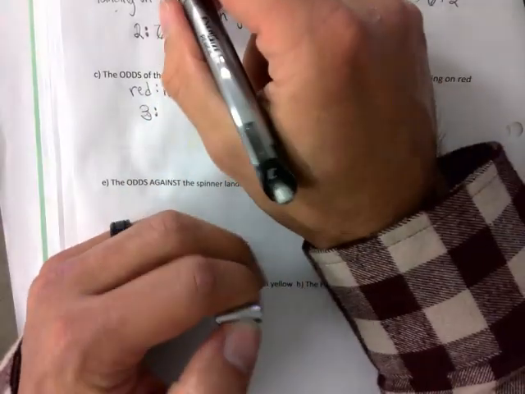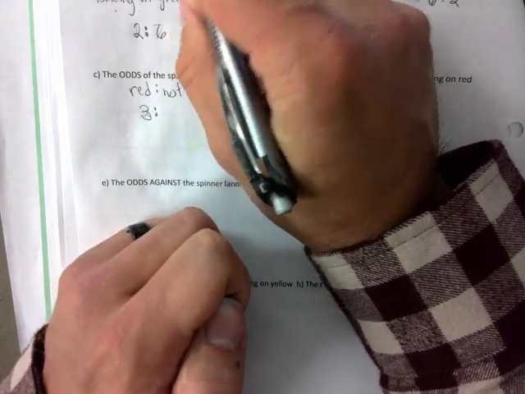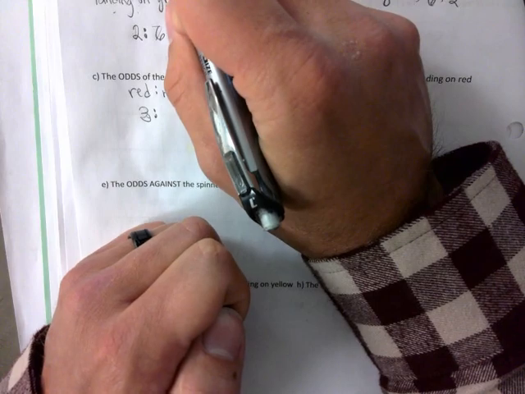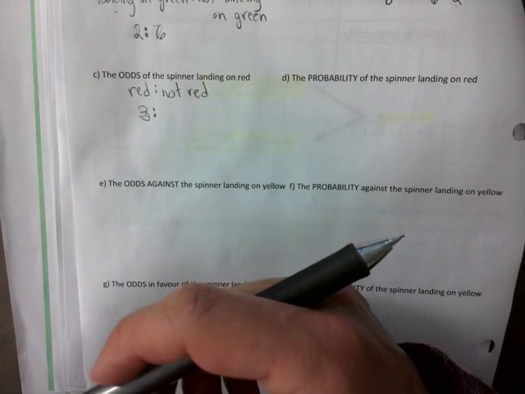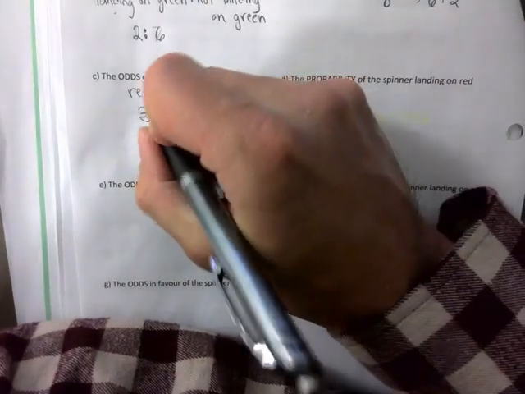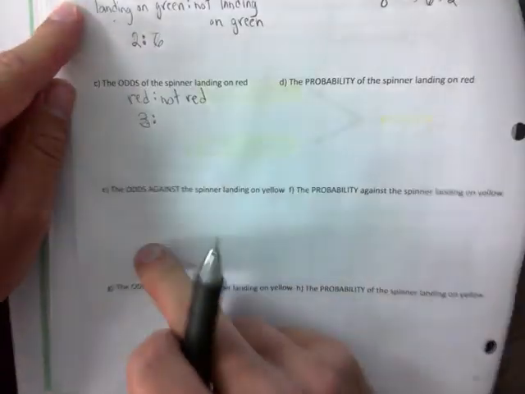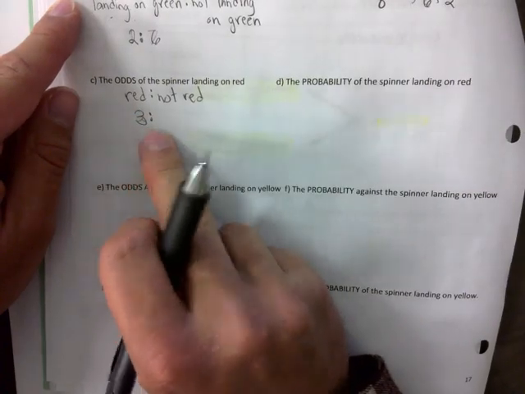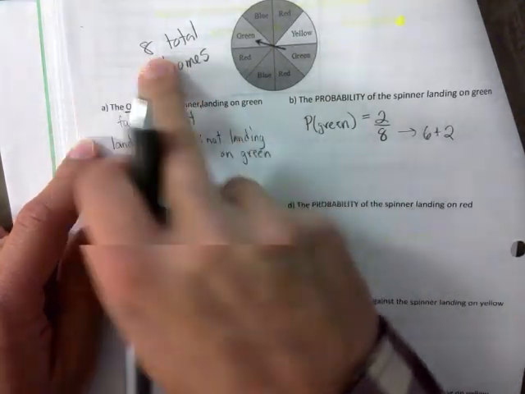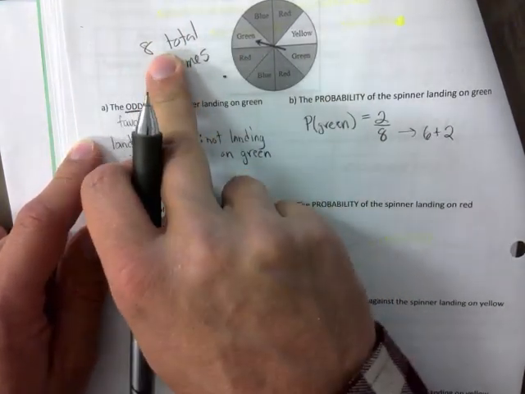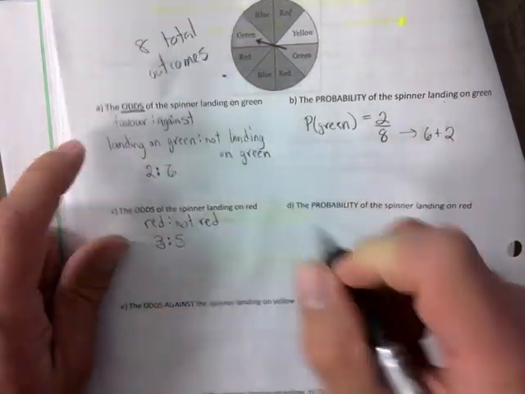And since we know the total, we should know that all these, A, C, E, and G, if we add the favor and against, should always add up to our total, which is 8. So that's why it's always a good idea. It's not required to find the total, but well, I guess it is here. But again, a good check.